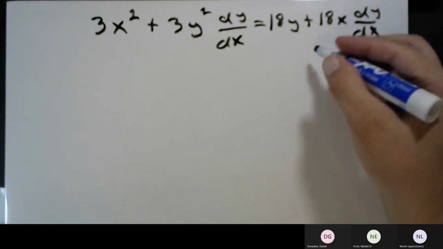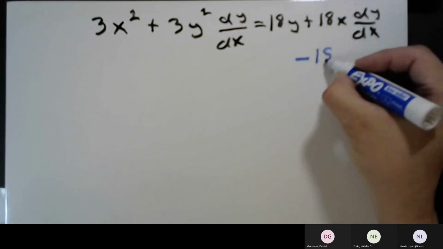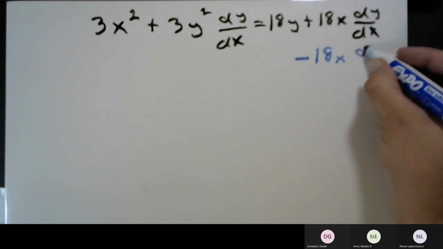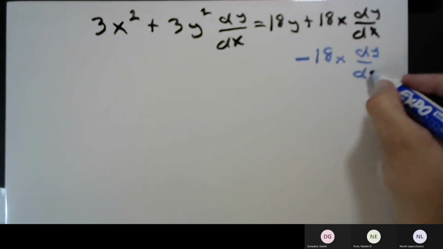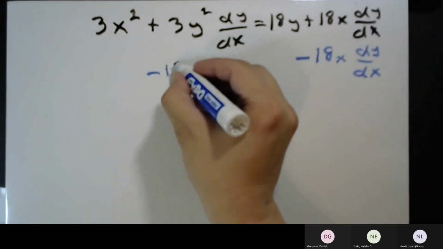So say we subtract 18x dy dx from both sides.